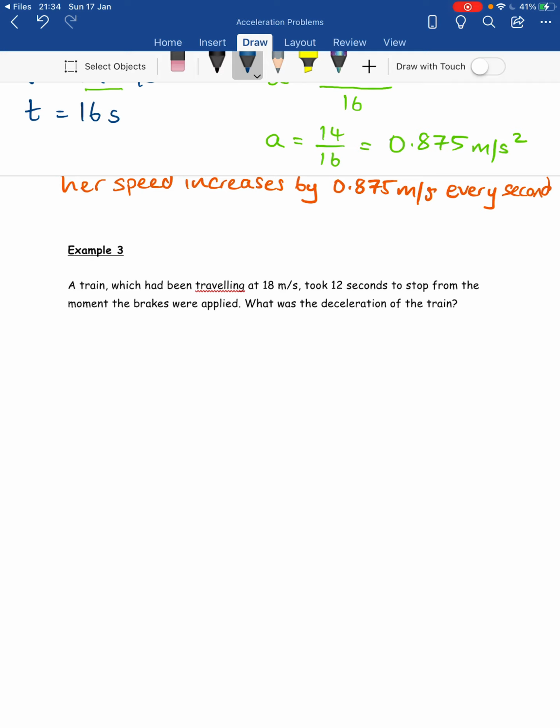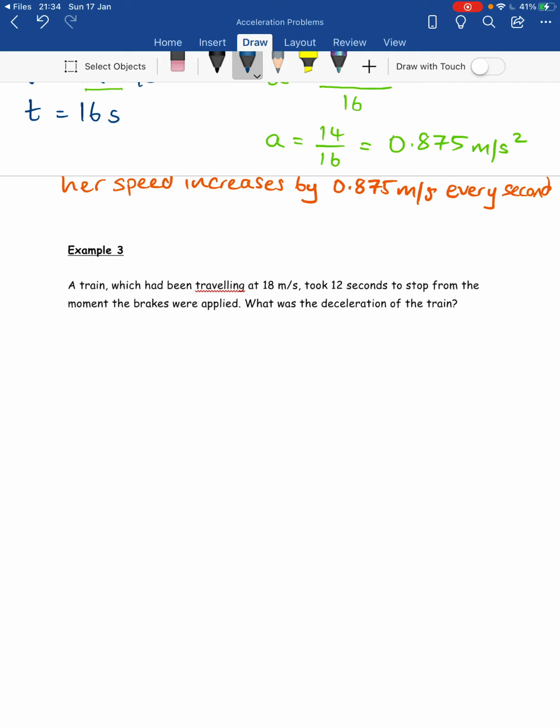The speed is decreasing, so that means we get deceleration. And because it's a decrease in speed, we're not increasing our speed by a certain number every second. We're doing the opposite. We're decreasing our speed by a certain number of meters per second every second.